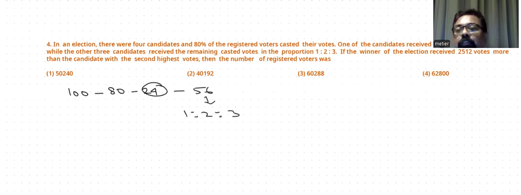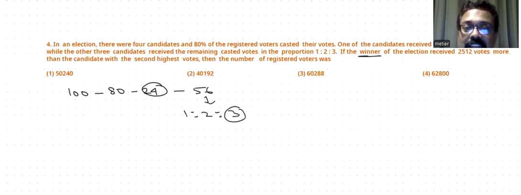And finally, you need the winner, the highest vote getter, and the second highest vote getter. The difference is 2512. Now check, 24 is a number. And if we observe the number 56 and the ratio 1:2:3, obviously the highest one is 3. Let's go with the highest one first, because we need to consider the highest one and the second highest one.